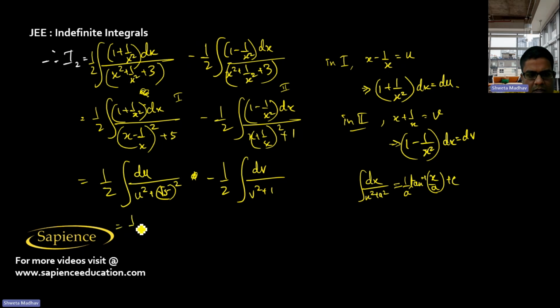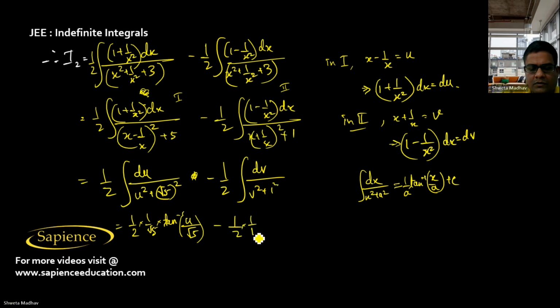So this we can write as half of 1 by root 5 into tan inverse of u by root 5, minus half of 1 by 1 tan inverse of v by 1 plus c.